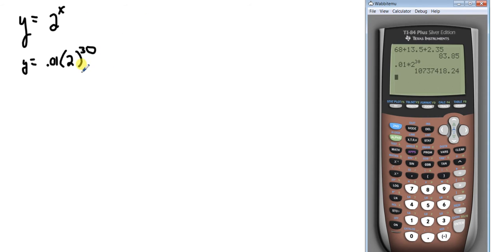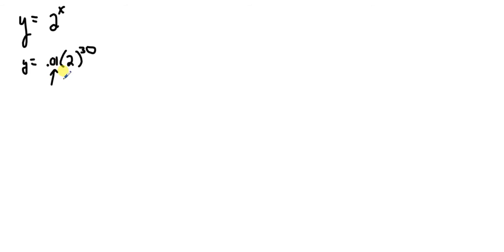So that's our general equation, and we might recognize this from our geometric sequences. This was our starting amount. This was our R, so we were multiplying by 2 every time, and then of course we used n when we were doing series and sequences.